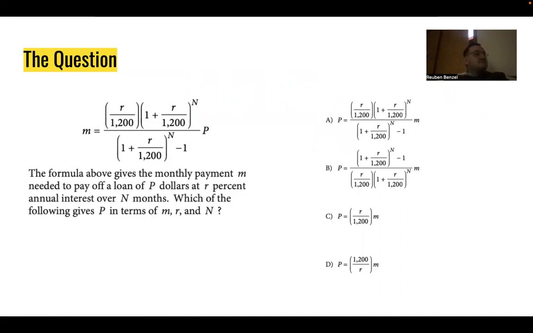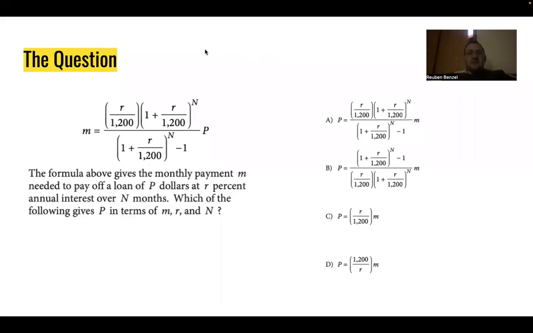And it looks very complicated. So the question is asking, which of the following gives P in terms of M, R, and N? Take a look at this question for a second and see what you can figure out.